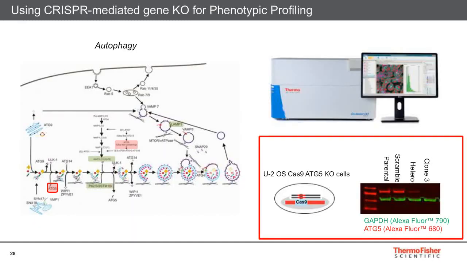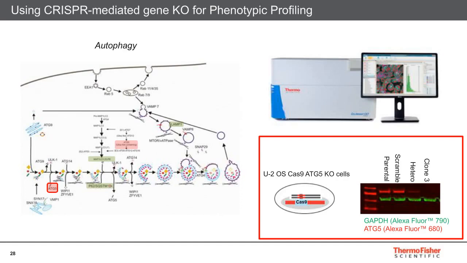For the phenotypic profiling of the gene knockout, the model system used in this case was the ATG5 knockout cell line in a U2OS cell background, and it's shown here on this slide. This highlighted area shows that we picked one of the clones for ATG5 knockout, which was a homozygous knockout.